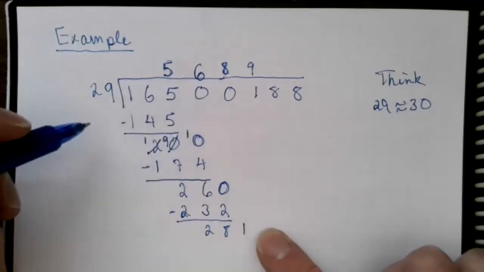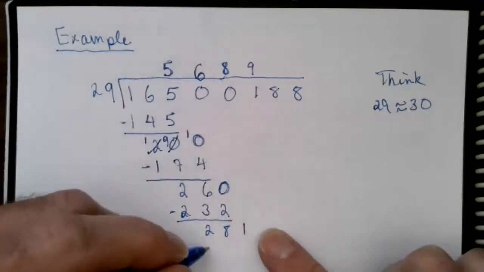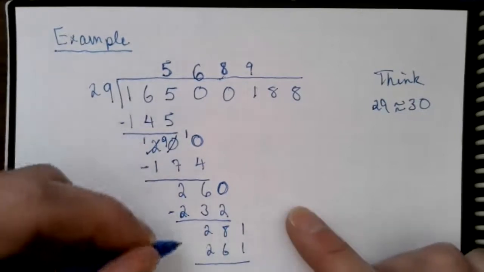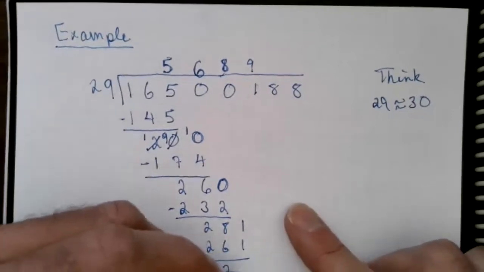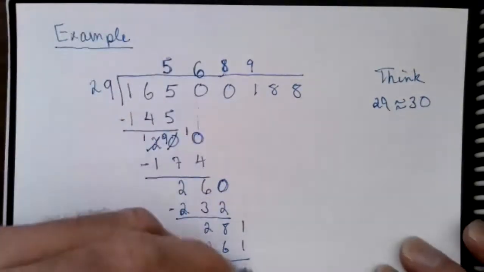But I don't want to do 9 times 30. I want to do 9 times 29. So I do my 270, 261.